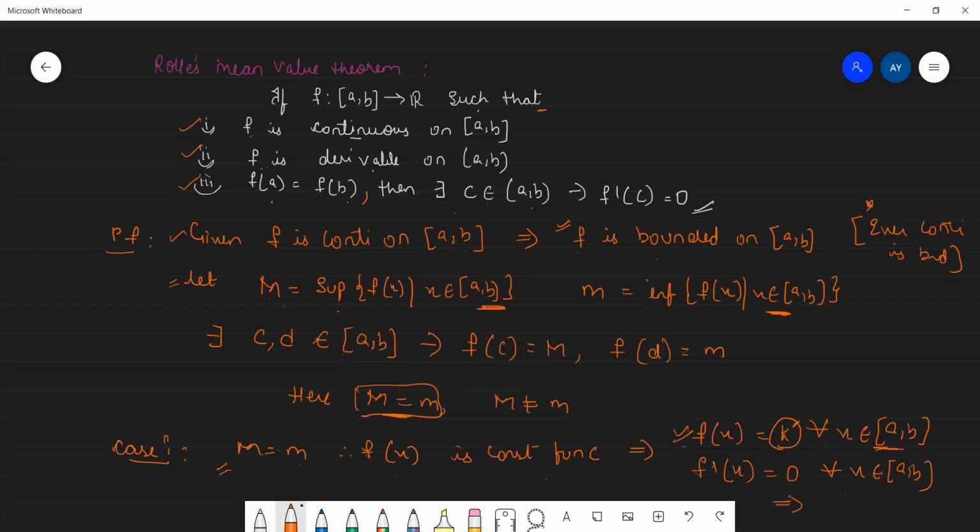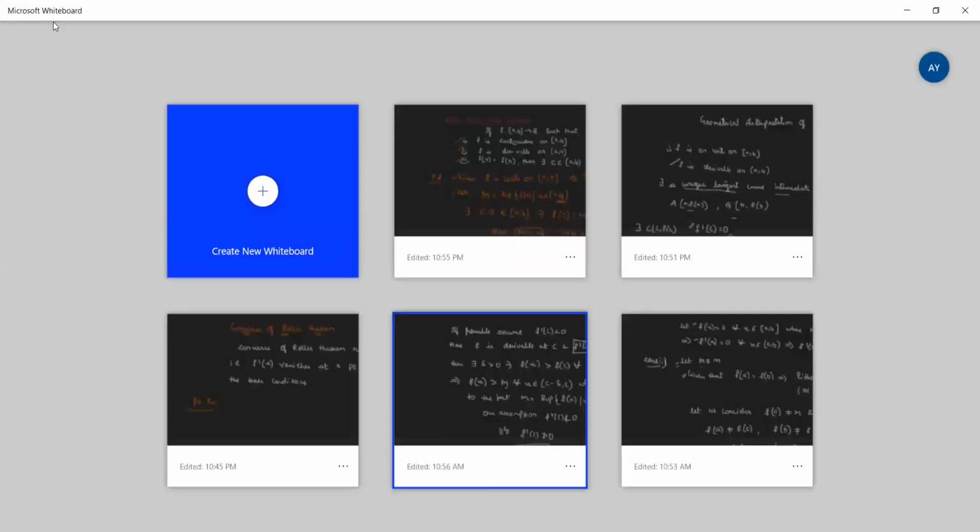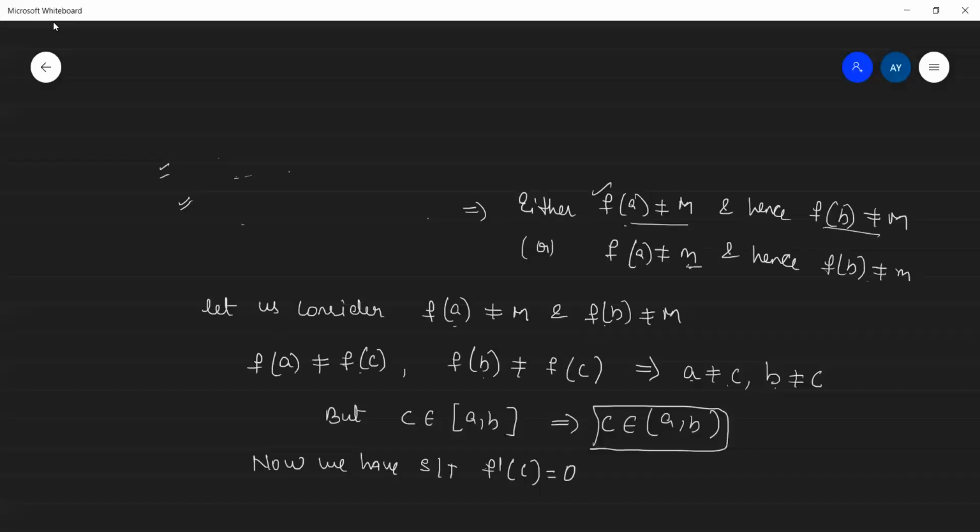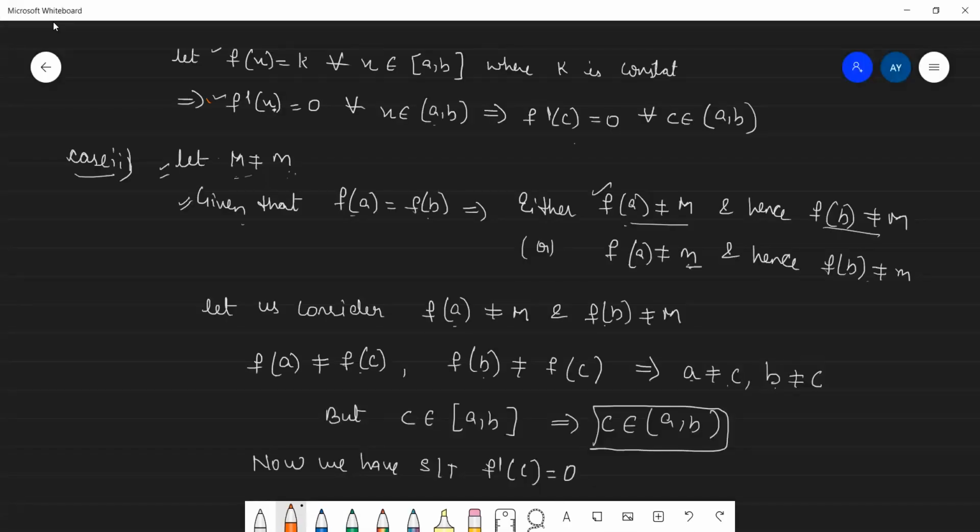From here, we can write f'(c) equals 0 for all c belonging to (a, b). Now we will move on to the second case, that is M is not equal to m. Here we have f'(x) equals 0 for all x belonging to (a, b), which implies f'(c) equals 0.